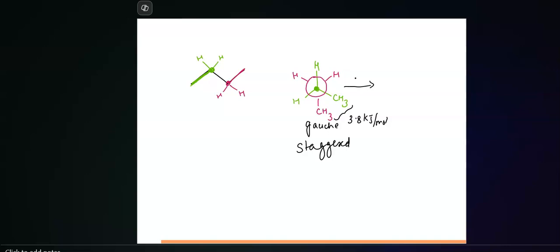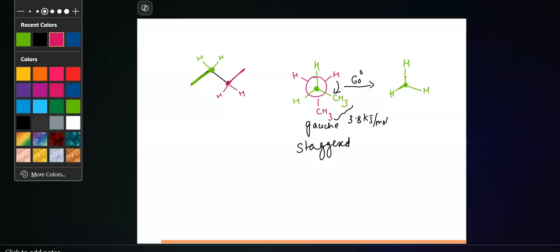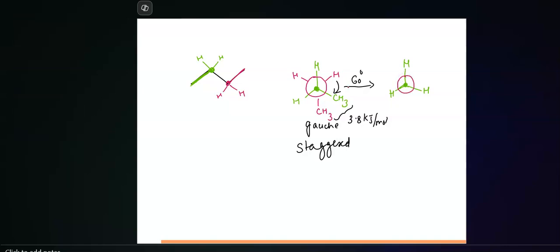Now you take this and do a 60-degree rotation clockwise. That means we are moving this way. What do I get? An eclipsed conformer. Again, as I said before, I'd like to keep one of the carbon atoms intact. So I'm going to keep my front carbon atom intact and just rotate the back one. When I rotate the back like a wheel, this hydrogen goes behind the CH3 now.